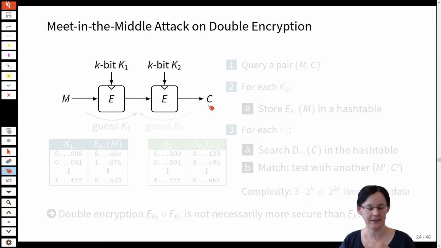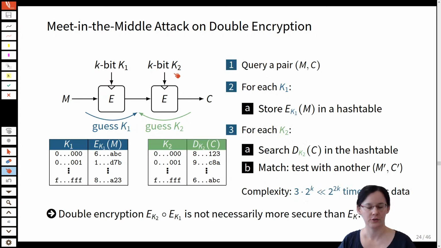So this is the setup, and what I want to show now is a so-called meet-in-the-middle attack on this sort of double encryption that shows that the overall key recovery complexity is not 2 to the k1 plus k2, but less than that. And to perform this attack, I work as follows. So it's a so-called meet-in-the-middle attack, meaning I work from outside to the inside.